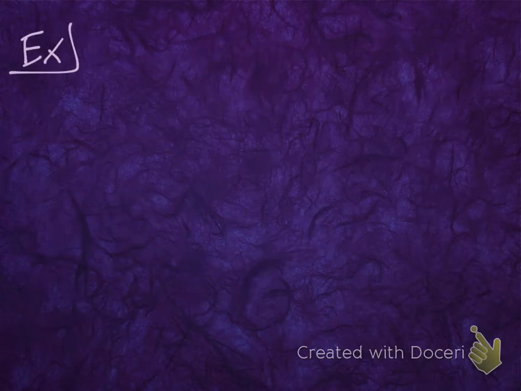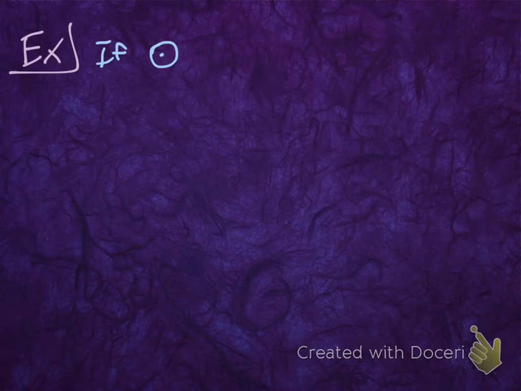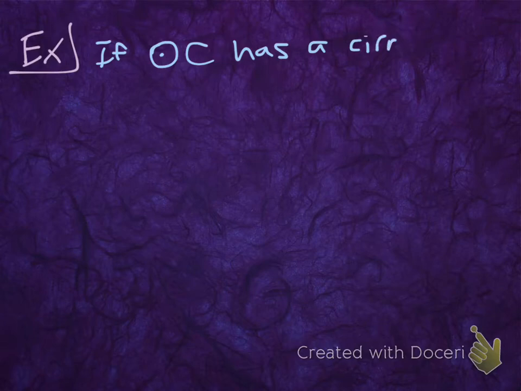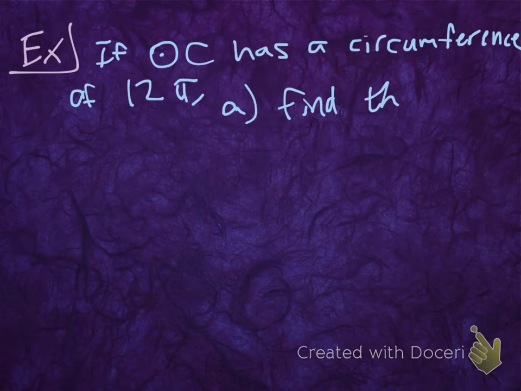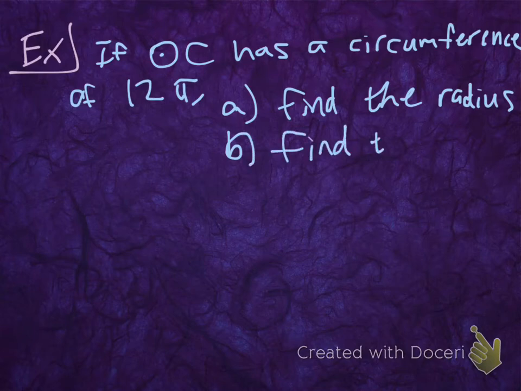What I am going to say is, the only other type of question they could really ask you is if a circle, or let's say circle C, has a circumference of 12 pi, I can ask you to find the radius, and I can ask you to find the diameter.